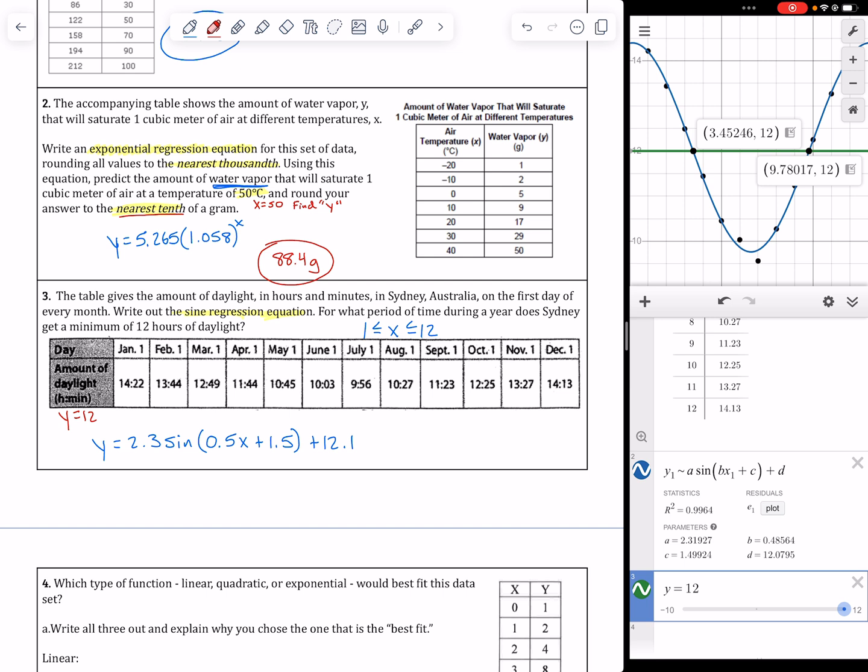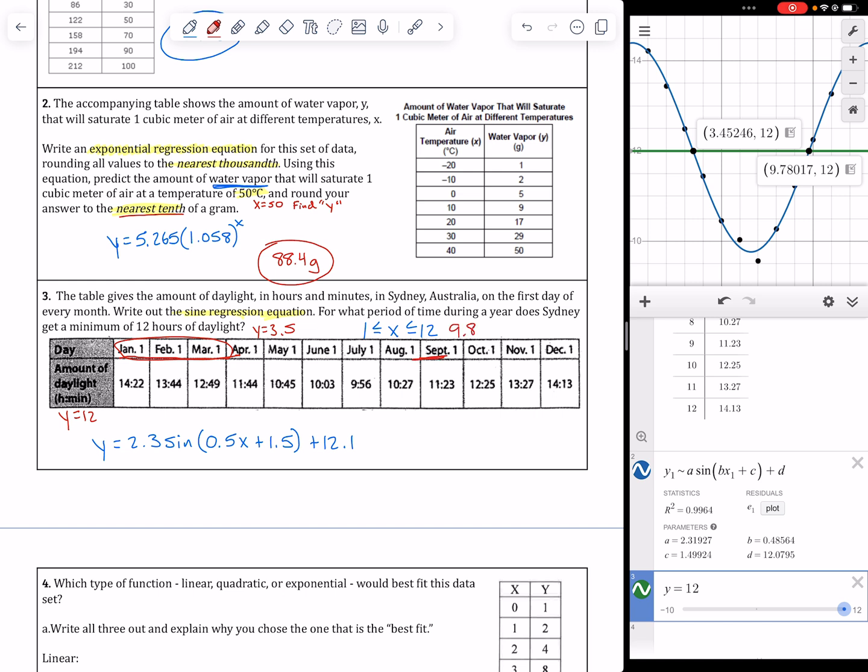So it said a minimum of 12, so that would be things that are above the 12. So from January to like the middle of March, it looks like, because that's the 3.5-ish. So like y equals 3.5, and then it comes back up to 12 at 9.8, which is around like September.